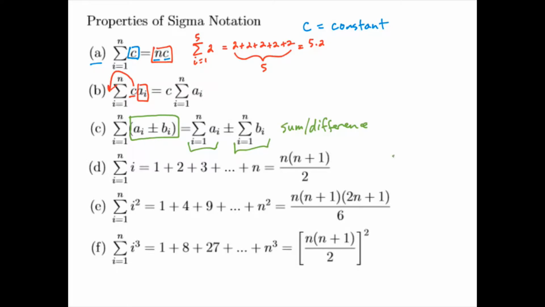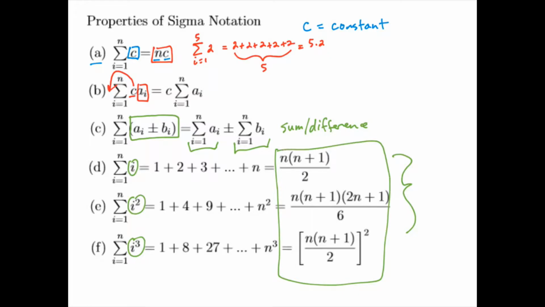And then D, E, and F are just some of the common sigma notation expressions that we'll end up with, either I or I squared or I cubed. Oftentimes we will have a more complicated expression that we are summing, but if we can simplify it down to I, I squared, or I cubed, we can use one of these expressions to find the sum.